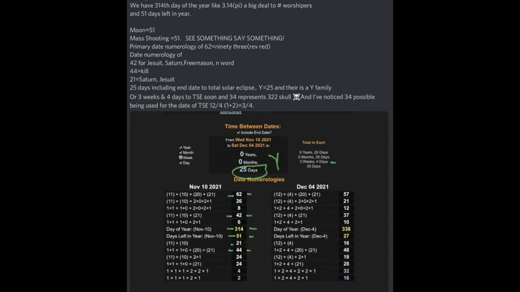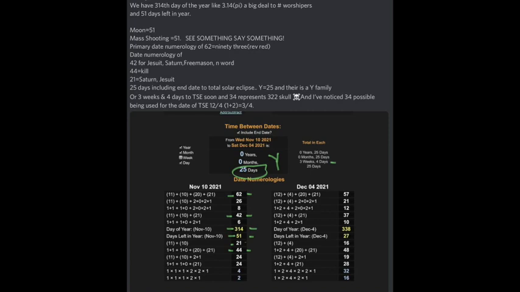Okay, 42 is the date numerology for Jesuit, for Saturn, for Freemason, and for the N-word. When we see the 42 in a date numerology, a lot of times you will see a black actor or rapper. Rapper equals 38, just like death, just like murder, right? So when you see that 42 in the date numerology, and then you see the number 44, which is kill, usually not a favorable day for that.